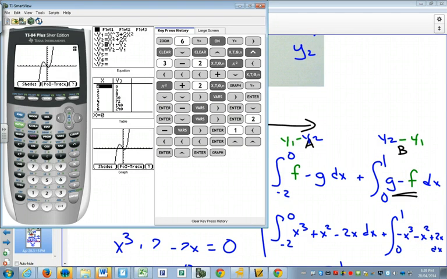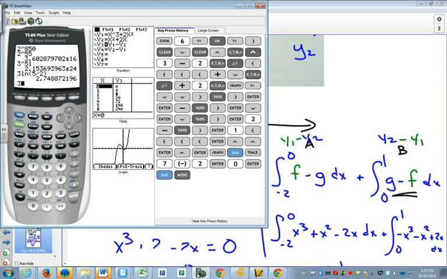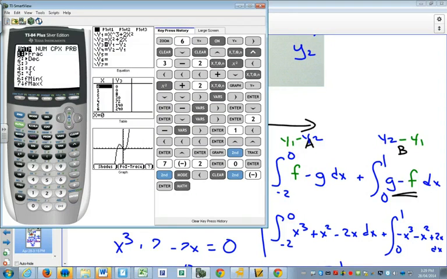And if I go second, calculate number 7 from -2 to 0, I get 2.6666. And that number will always be saved, so I can change it to a fraction. And that's my 8/3 for section A.